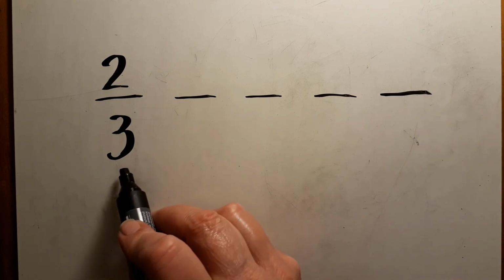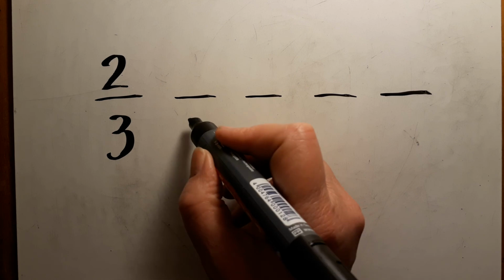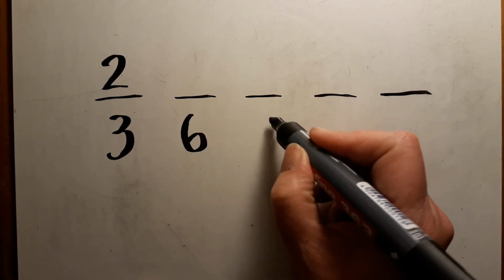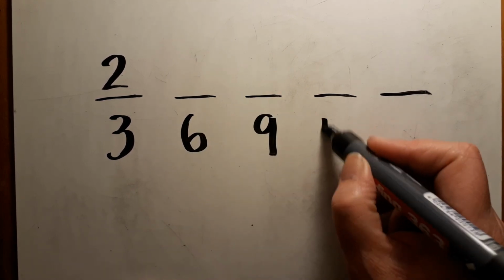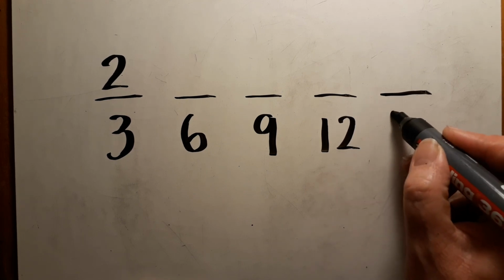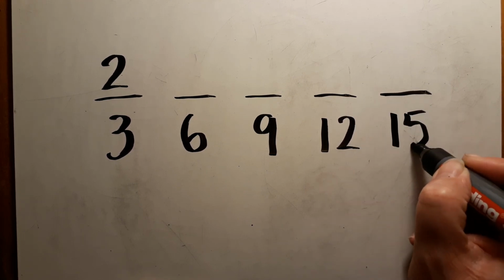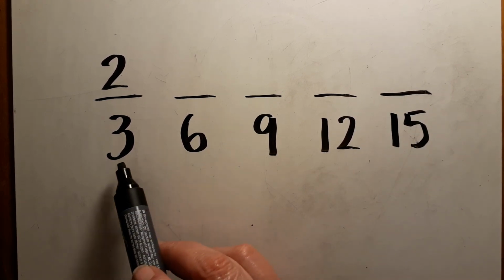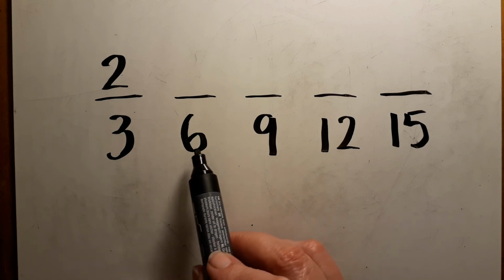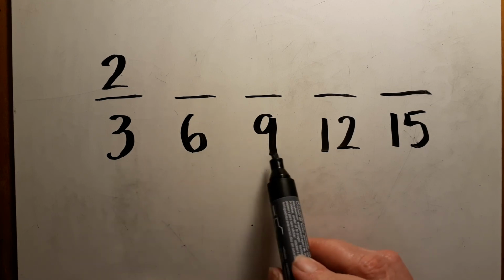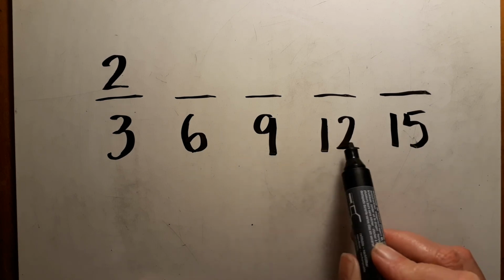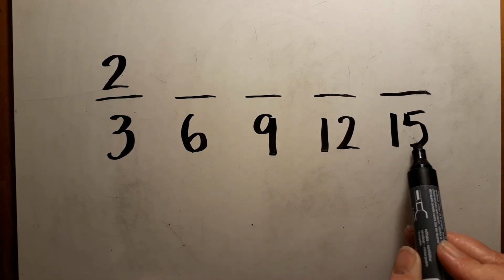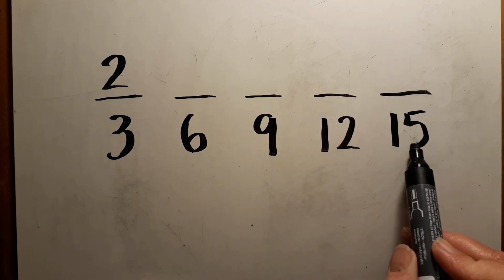So my multiples of 3 go 3, 6, 9, 12, 15. This is 2 times 3 is 6, 3 times 3 is 9, 4 times 3 is 12, and 5 times 3 is 15.